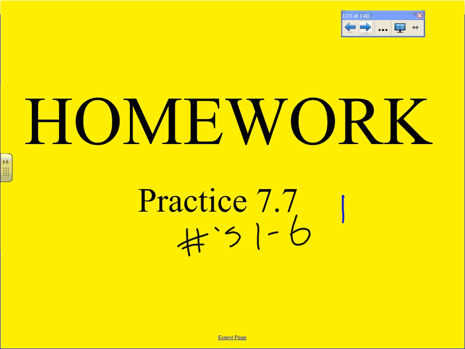So on 1 through 6, you are using interest equals principal times rate times time. So you're only finding simple interest, which is the only formula we discussed today. Don't try to do another formula. Please, some of these are a little tricky. Make sure your T value is in years.